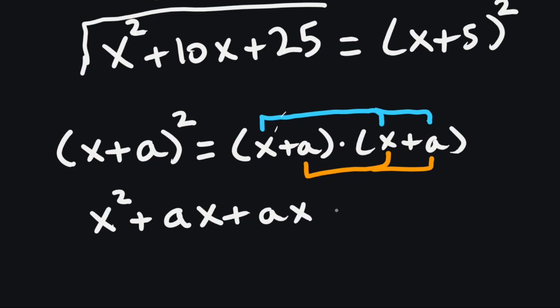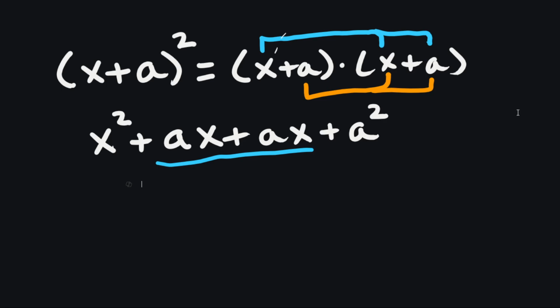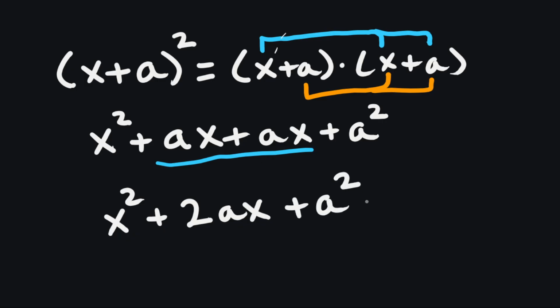And then a times a is a squared. Then we can combine these two like terms in the middle, ax plus ax, which is 2ax. So x squared plus 2ax plus a squared equals (x + a) squared.